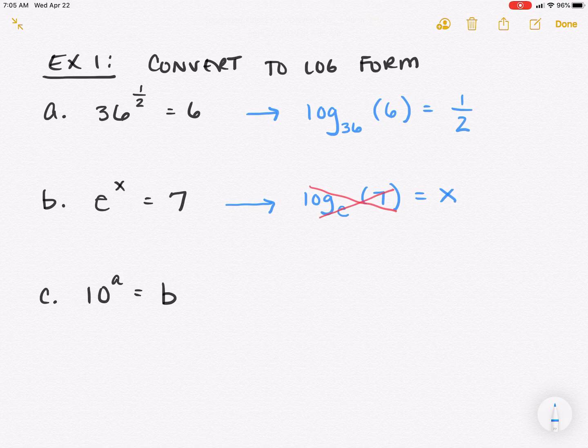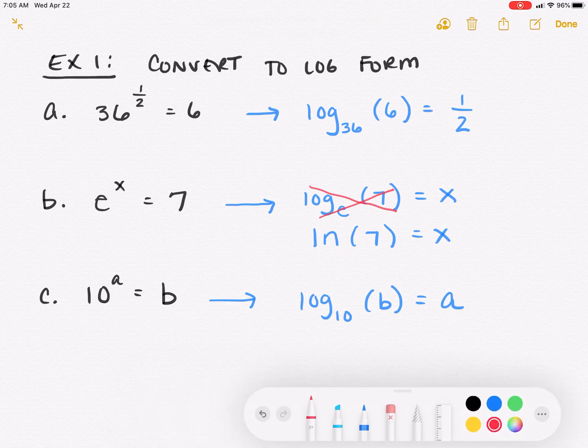Whenever you catch yourself doing log base e, we need to write the natural log of 7 equals x, which, to tell you the truth, is easier. So from now on, when your head starts thinking log base e, we're going to write ln, which is the natural log.